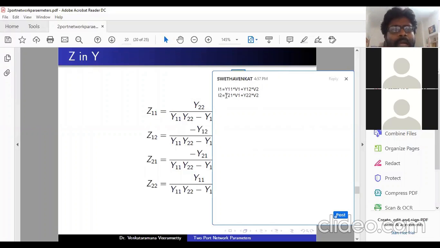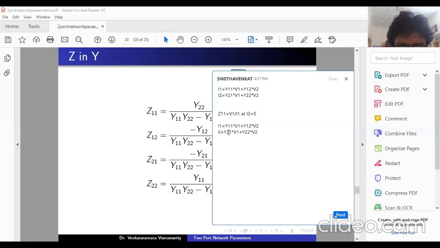Here also, I want to represent the Z parameters in terms of the Y parameters, so you start with the Y parameter equation. I1 equals Y11 into V1 plus Y12 into V2. But I want only V1 and I1, and I have V2 here. So I have to convert V2 in terms of V1. How do we get V2 in terms of V1?